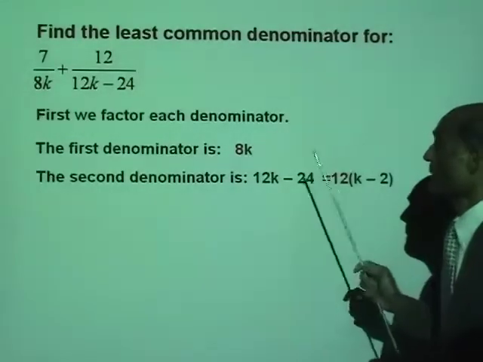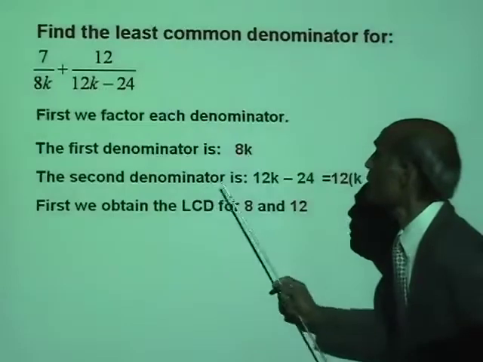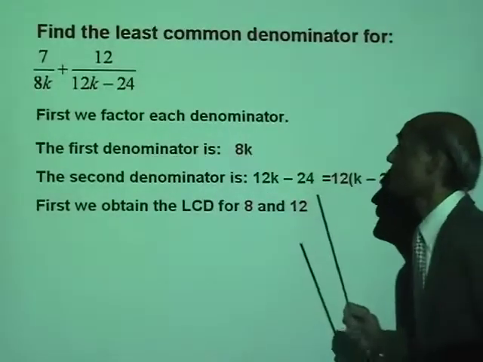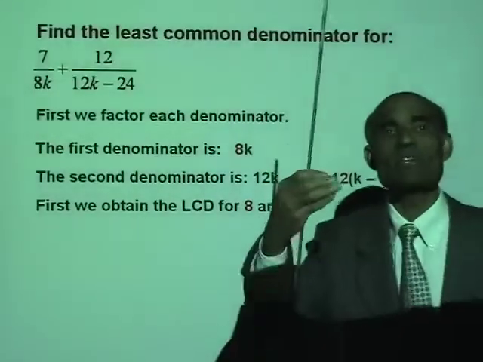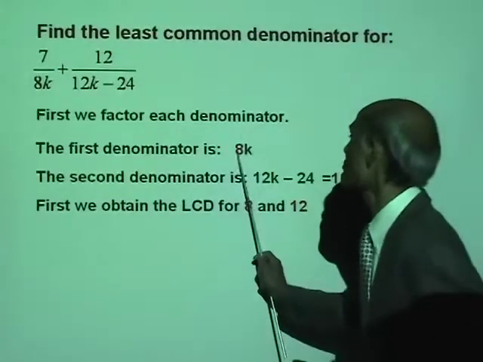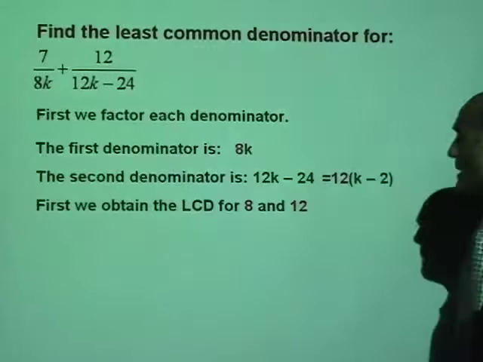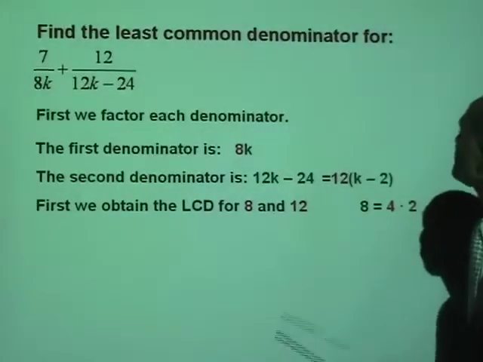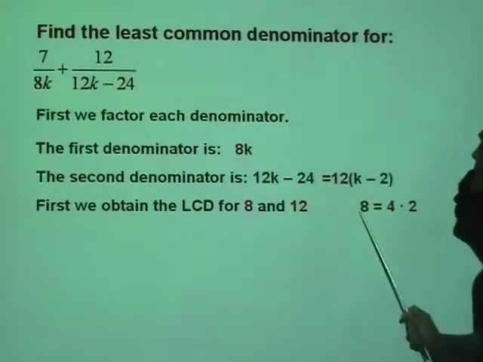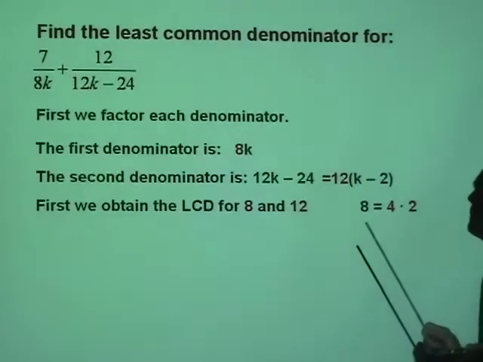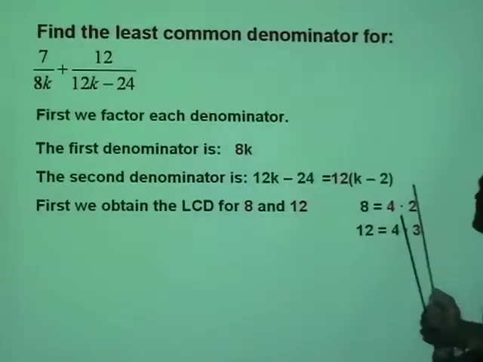Alright. Now, first we obtain the LCD of 8 and 12. When you have numbers, we first obtain the LCD of 8 and 12. Can you obtain the LCD of 8 and 12? 8 is 4 times 2 and 12 is 4 times 3.